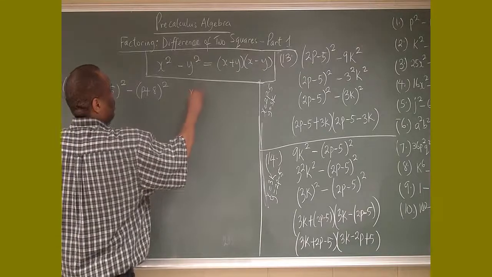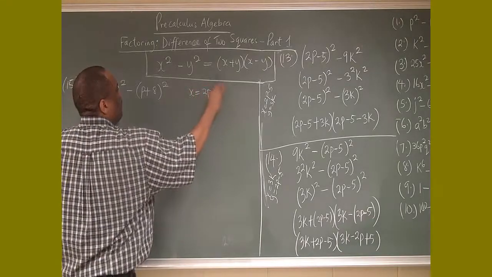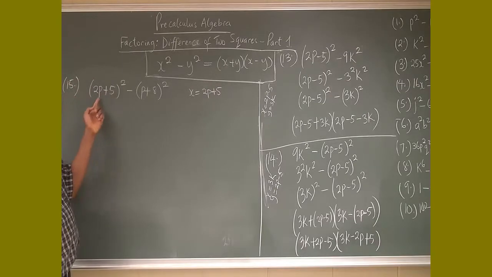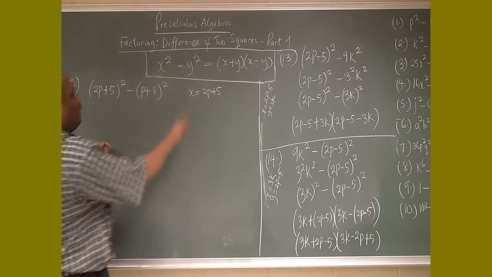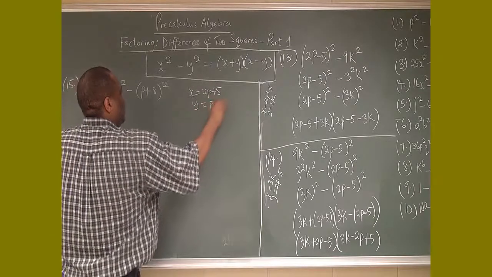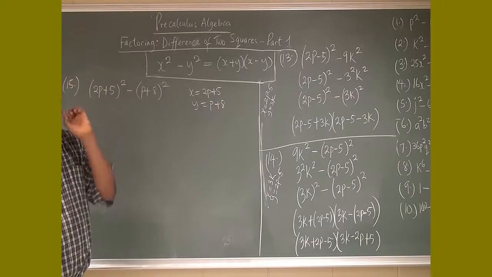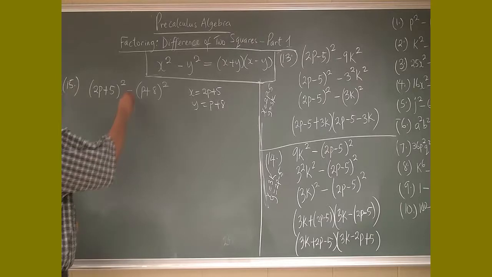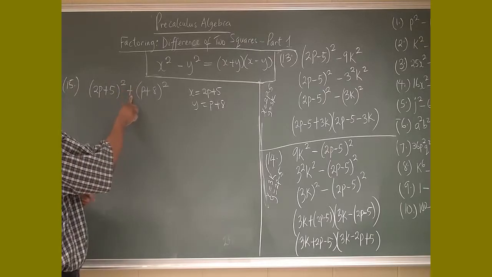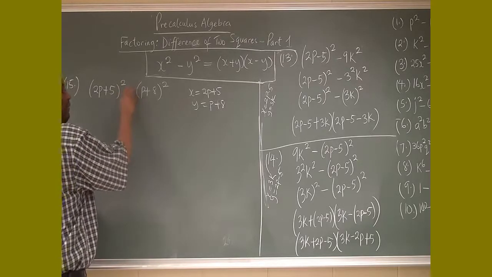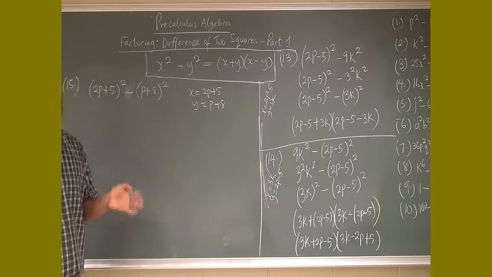Our x is 2p plus 5. And our y is p plus 8. Now remember, this is all difference of two squares. It is not sum of two squares. There's nothing like plus here. It is just difference of two squares.